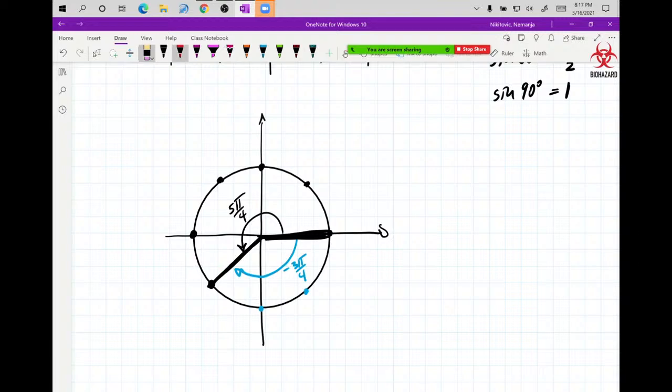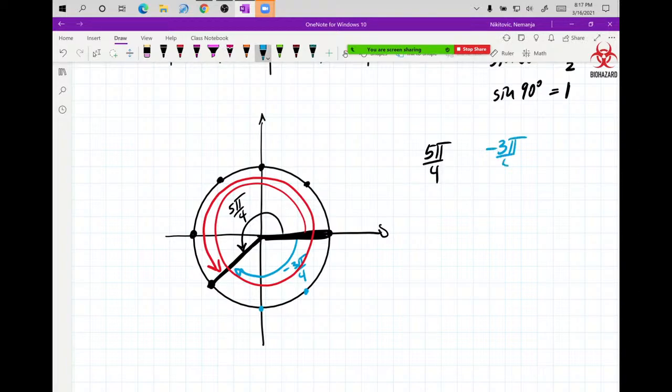So let me draw this red one nicely again. So you go the full circle and then you land there. So the black one is 5 pi over 4. The blue one is negative 3 pi over 4.